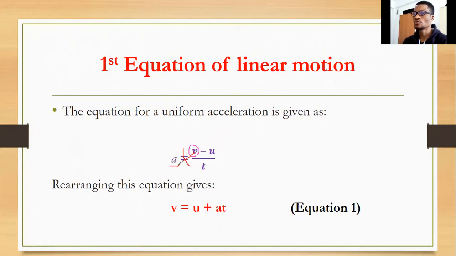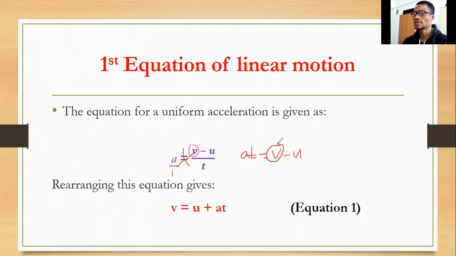So this is assumed to be over 1, and then when we cross multiply, we are going to have at equal to v minus u, and then we need to isolate v to make it the subject of the equation.